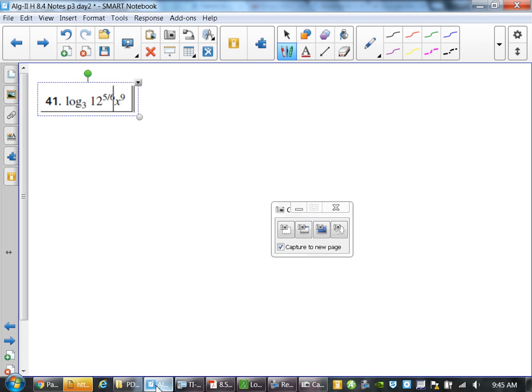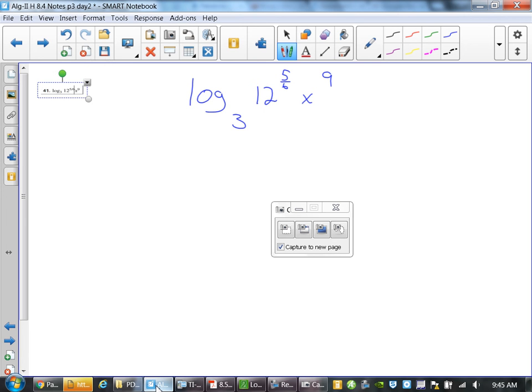Let's try to clean up this next. This is log. Try and condense that, or excuse me, expand that.